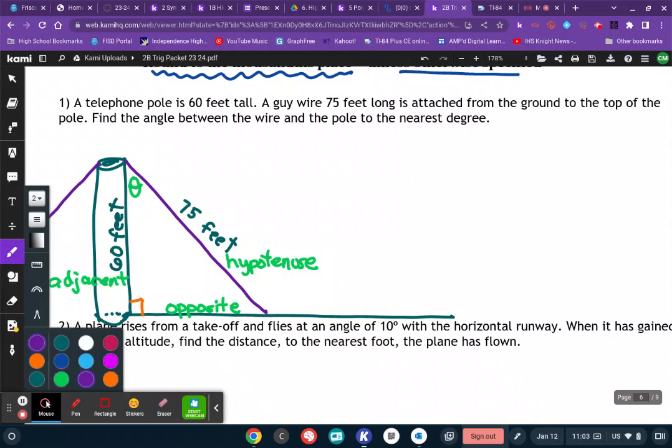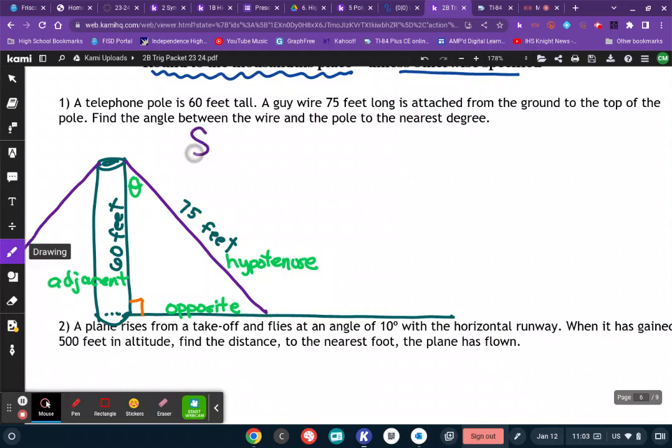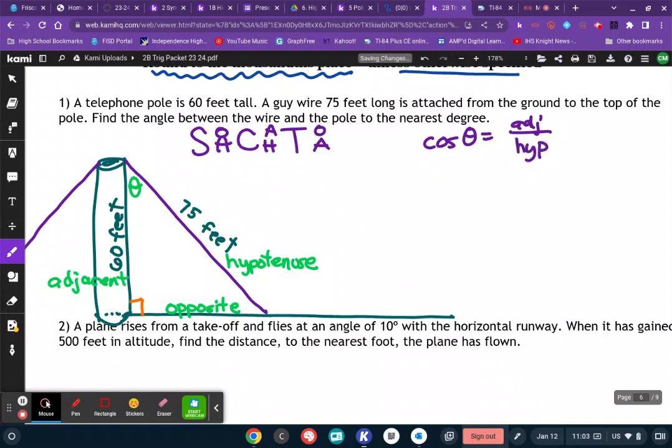So what trig function is going to use adjacent and hypotenuse? Good, cosine. So that's what I'm going to want to use. Cosine of theta is adjacent over hypotenuse. So let's fill in the measurements we know.